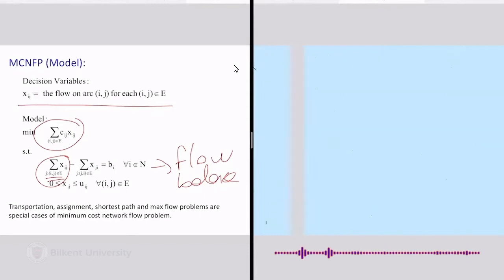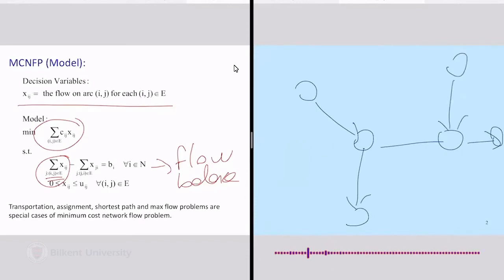Now, this is an example. Let me show you a feasible solution. Let's say this is a -10 and this is another -10. That means I'm sending 20 units in here.